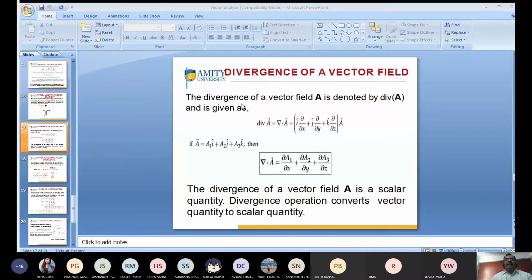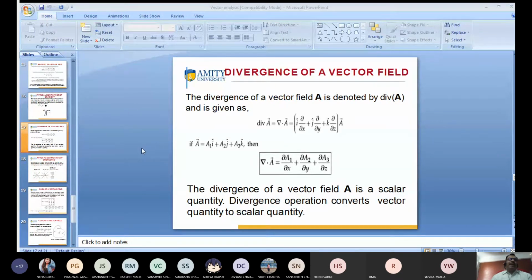You know the value of del. It is i del by del x plus j del by del y plus k del by del z, dot A. This is dot product. Suppose the value of vector A is A1 i plus A2 j plus A3 k.